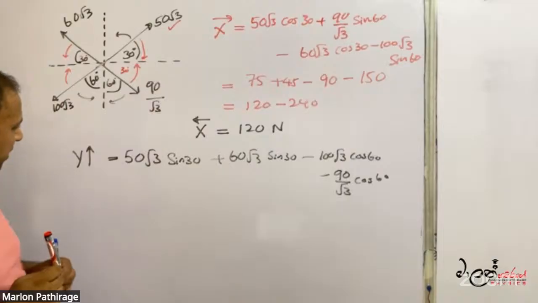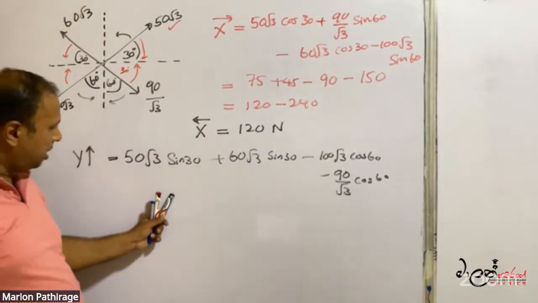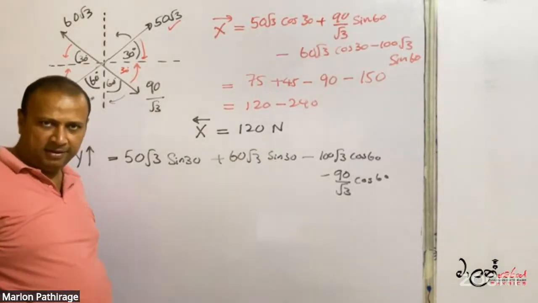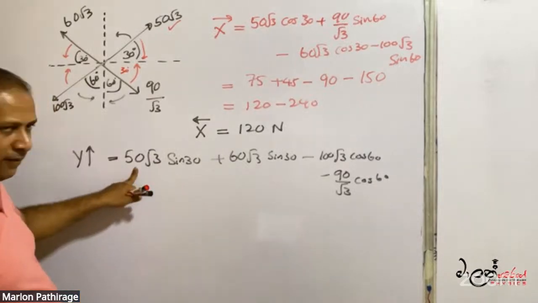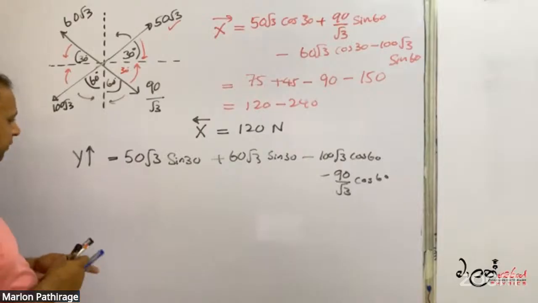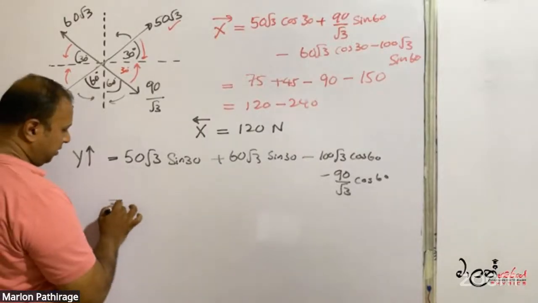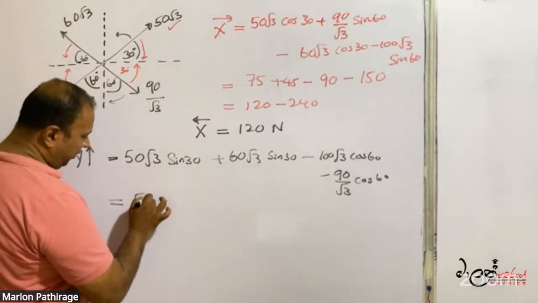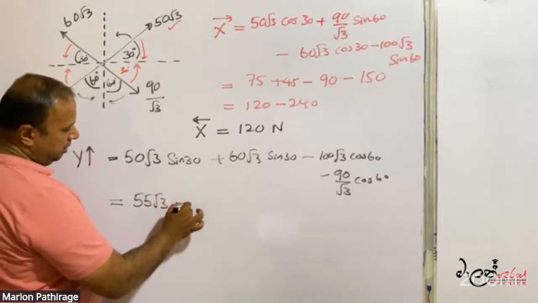Now we can simplify. Here half, half. That means 25. Here 30. 25 plus 30 is 55. 55 root 3 minus.